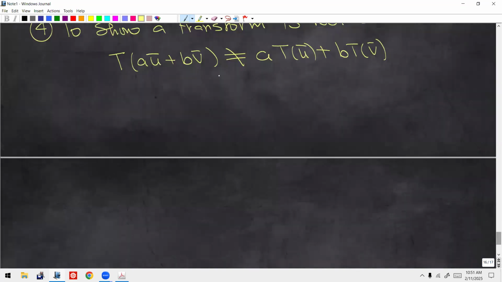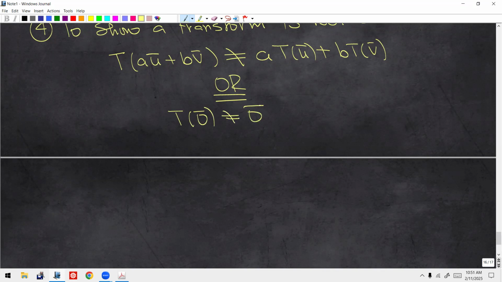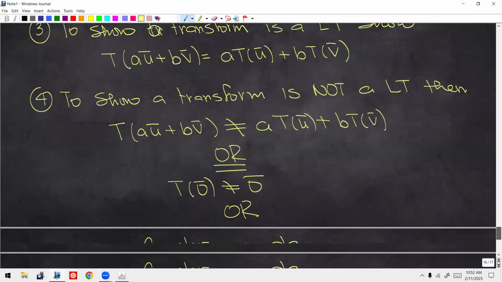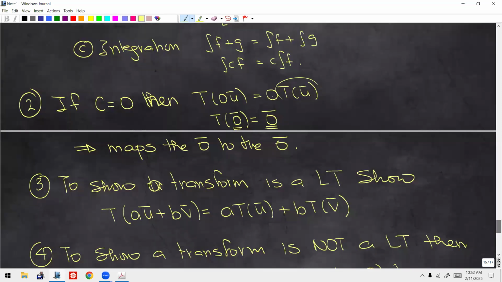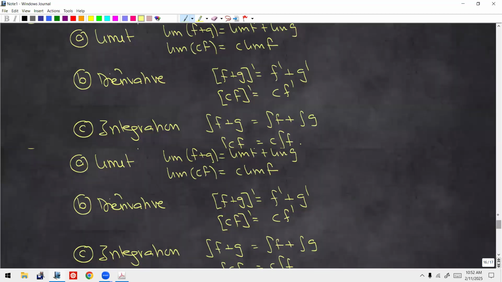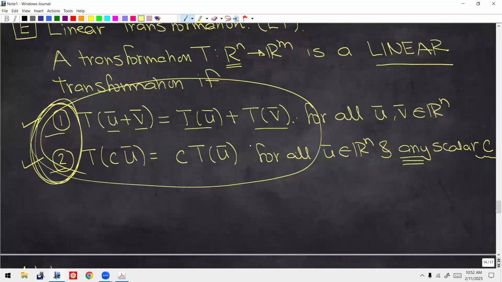We can show this is not true, or we can give a counterexample. Or actually, one other thing, and a good one to show: you can show that 0 doesn't map to the 0 vector, or you can give a counterexample. And I'll show you how to do that. So to show something is not a linear transformation, you have to do one of these three things, okay? To show it is a linear transformation, you can do this, or like I said, you can show each of these individually. It's up to you, okay?